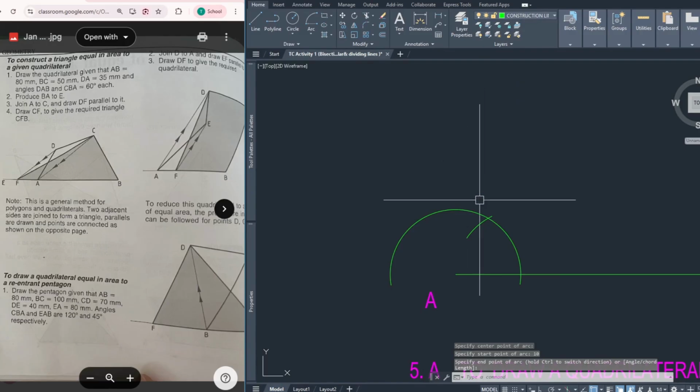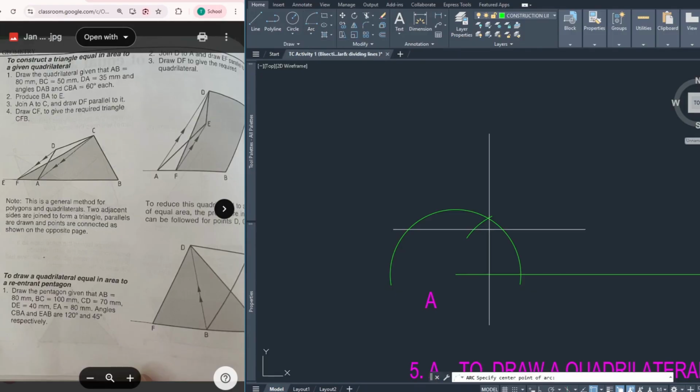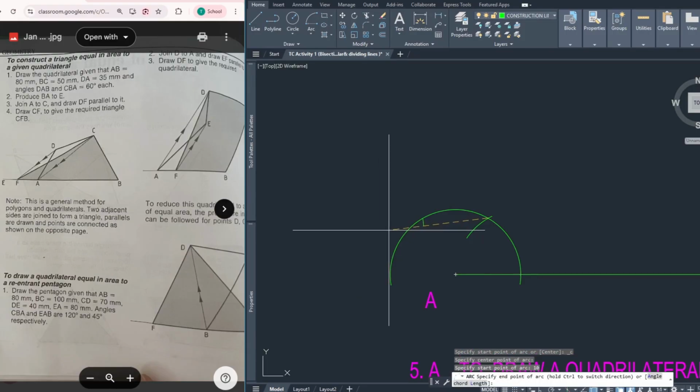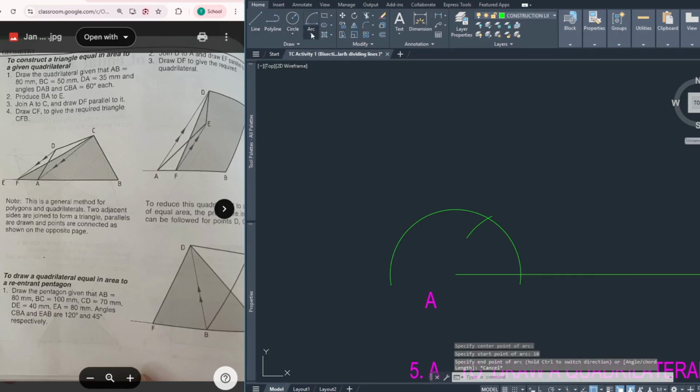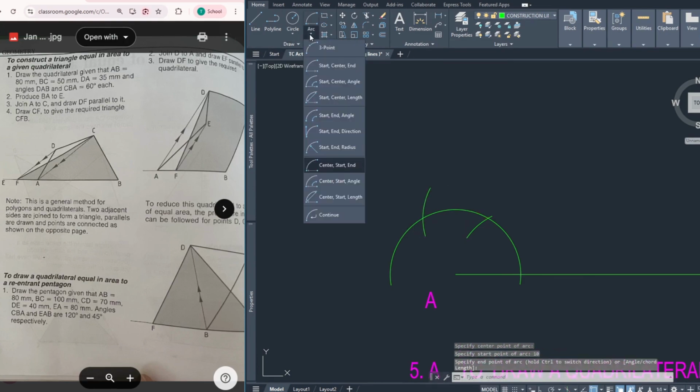So this is now 60, but 60 is not what we want. We're going to create a 90 and then bisect it to get the 45. So we're just going to do this again from here, come over by 10, and once this is done, we can use these two new points to get our 90-degree angle.